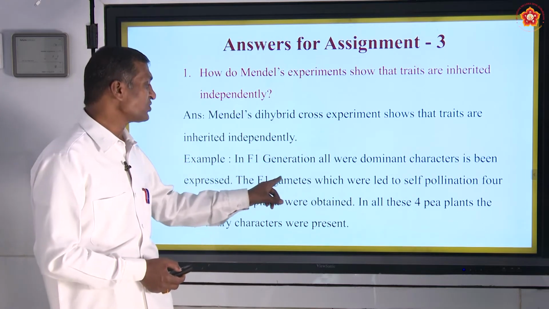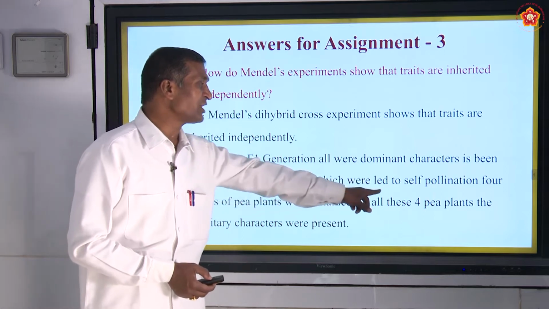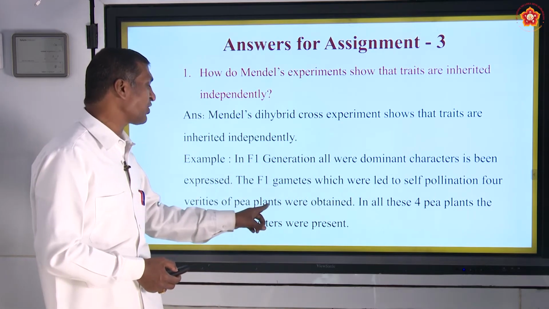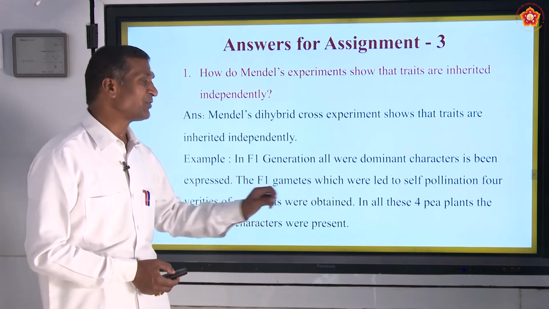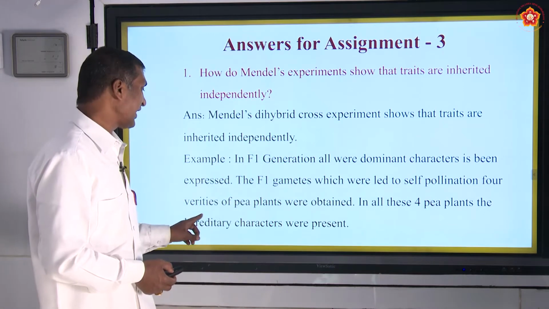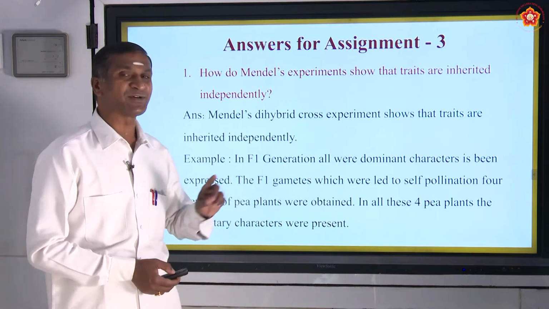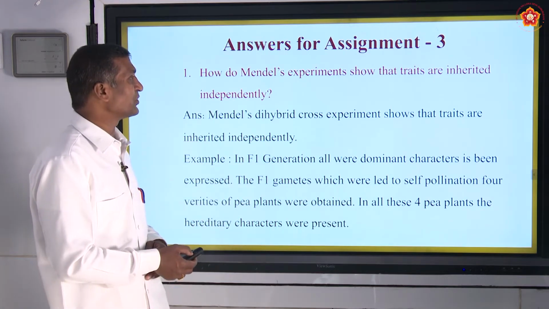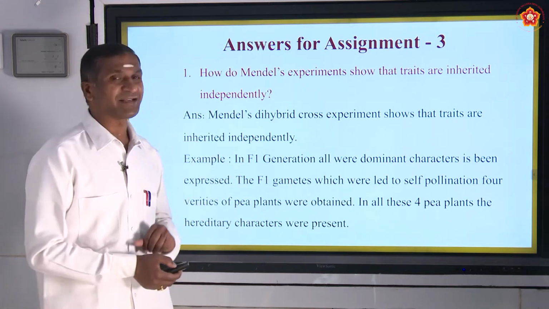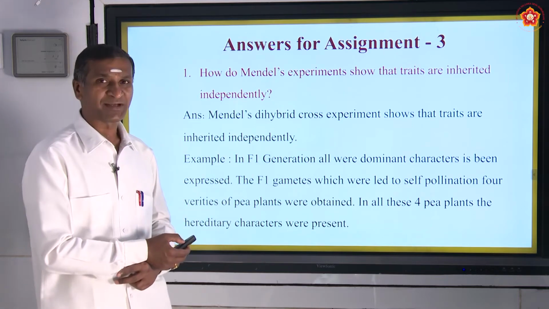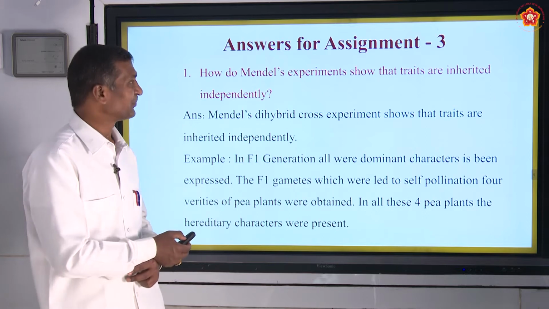The F1 plants were led to self-pollination, and 4 varieties of pea plants were obtained. In all these 4 pea plants, the hereditary characters were present, which shows that the traits are inherited independently. I hope it's clear for all of you.